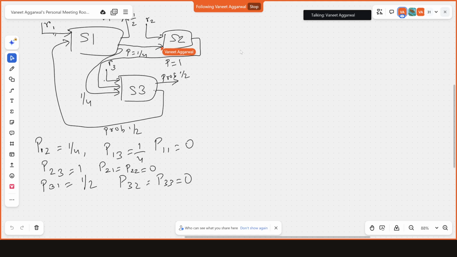In this example, the arrival rate at server 1 is R1, which is the external arrival rate here. Then half of the arrivals at server 3. So arrivals at server 1 is R1 plus half of the arrivals at server 3. What are the arrivals at server 3?